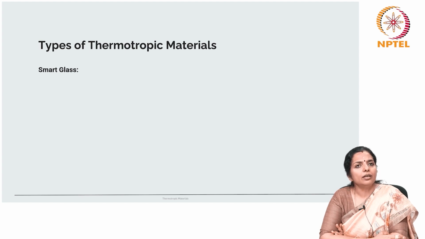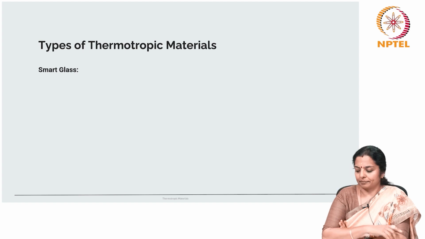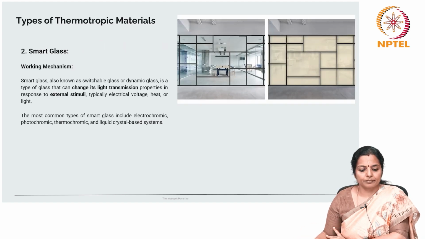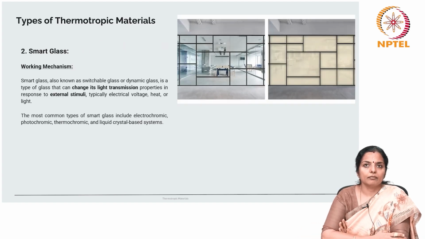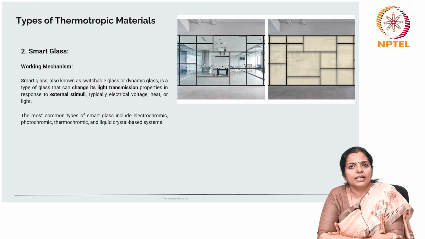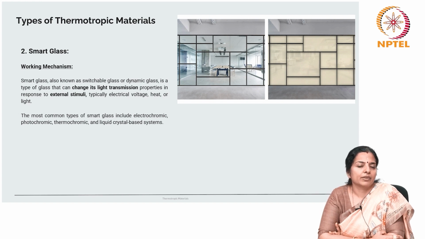Today we will continue with the types of thermotropic materials. So, the second type of thermotropic material that has an application in smart glass is what we will see today.